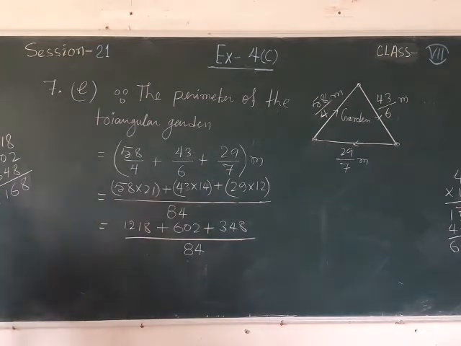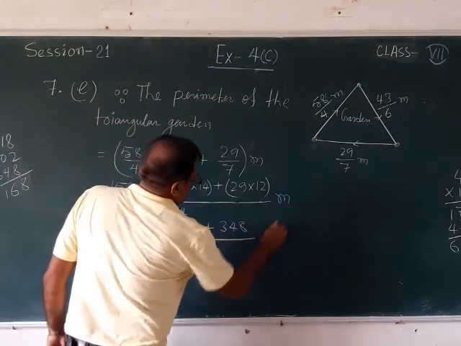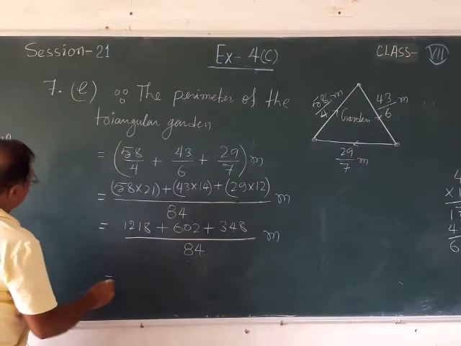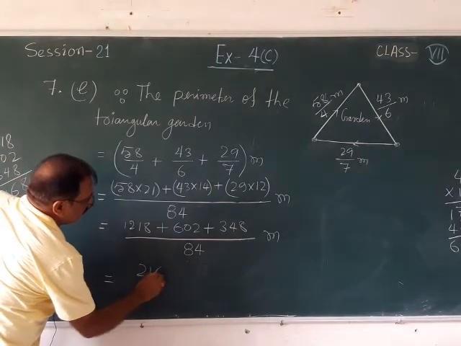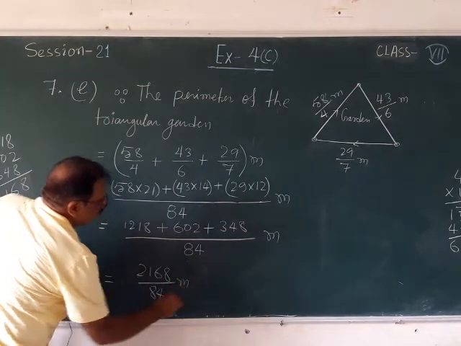That will be 2168. Here you can write meter, then you will write 2168 upon 84 meter.